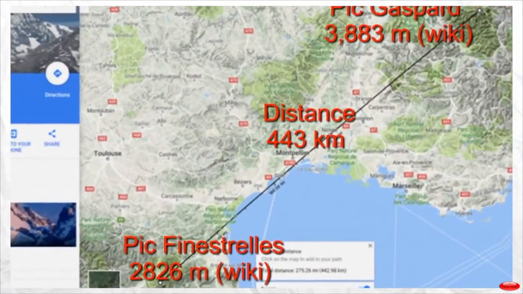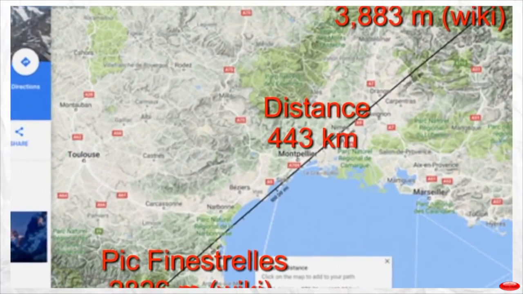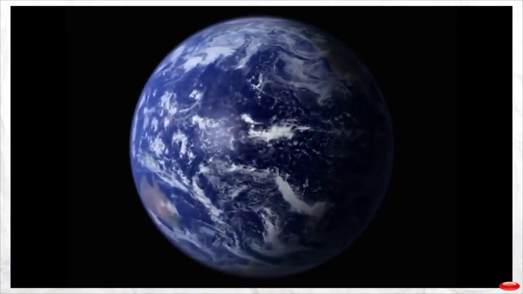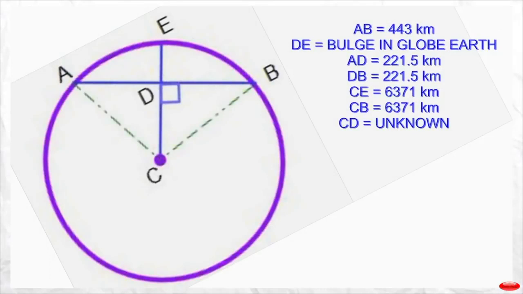Now let's calculate the bulge height between the two mountains on the fictional globe Earth. AB is the distance between the two mountains, 443 kilometers. AD is half the distance, 221.5 kilometers, and DB is the same, half the distance, 221.5 kilometers.